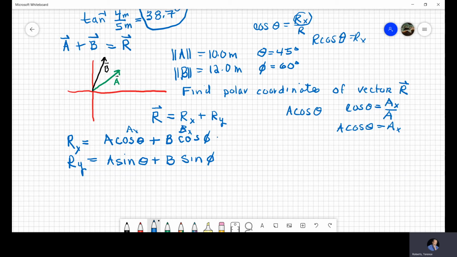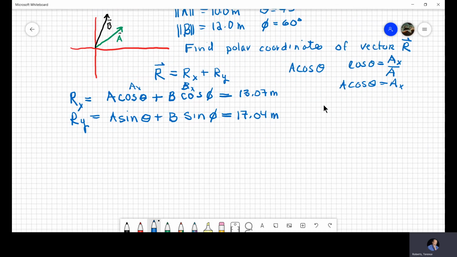But for Rx, you will get 13.07 meters. And for Ry, you will get 17.04 meters approximately.